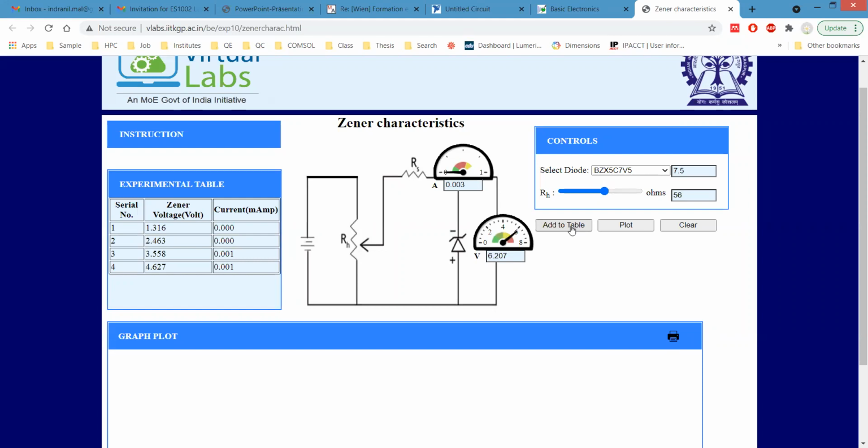For 6.2, we are having current of 0.003 milliamps. So current starts conducting at 3.588, that is in microamps, means 1 microamp, then at 6.27 volt it is 3 microamps. Then the voltage is exactly 7.5, and the current is 8 microamps.